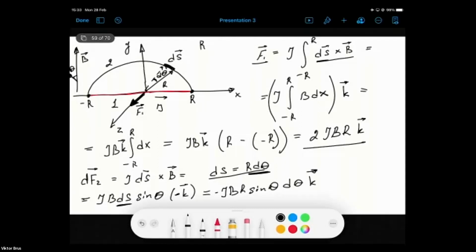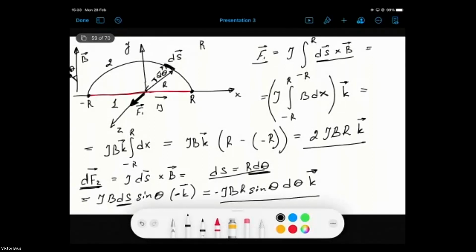So now we have the expression for this force exerted on a small segment ds, and in order to calculate the total force exerted on segment 2, we need to integrate this expression from one edge of the conductor to the other. So we will define the ranges of integration.